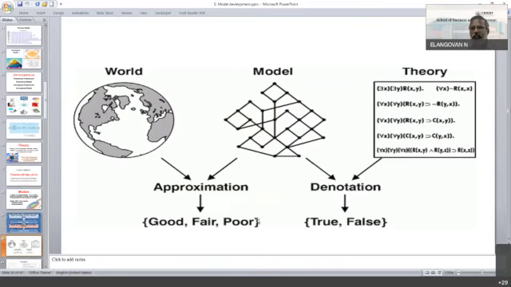So it denotes the real world. This is what we do as knowledge, which we present in different forms. We present it as a theory in a statement, or we present the same thing as a model, as a picture. That is the connection between the real world, the theory, and the model.